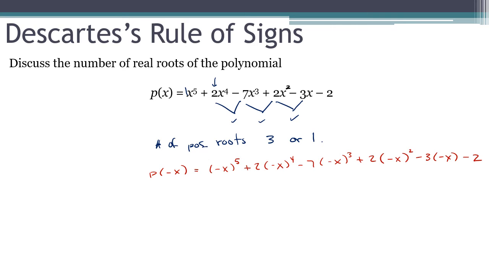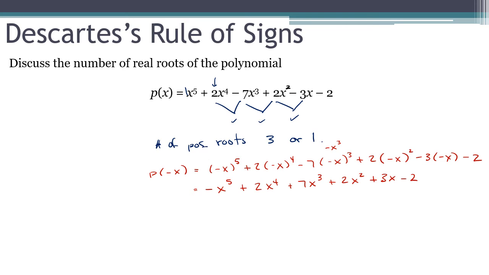All this comes down to is straightening out negative signs. Negative x to the fifth power is negative x to the fifth power. Negative x to the fourth is positive x to the fourth, so this stays 2x to the fourth. Minus x to the third times minus 7 is plus 7x to the third, plus 2x squared plus 3x minus 2.